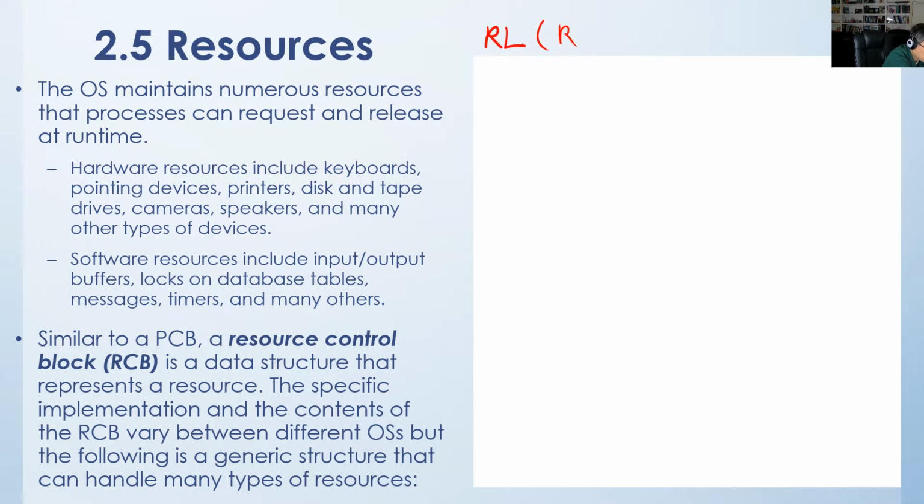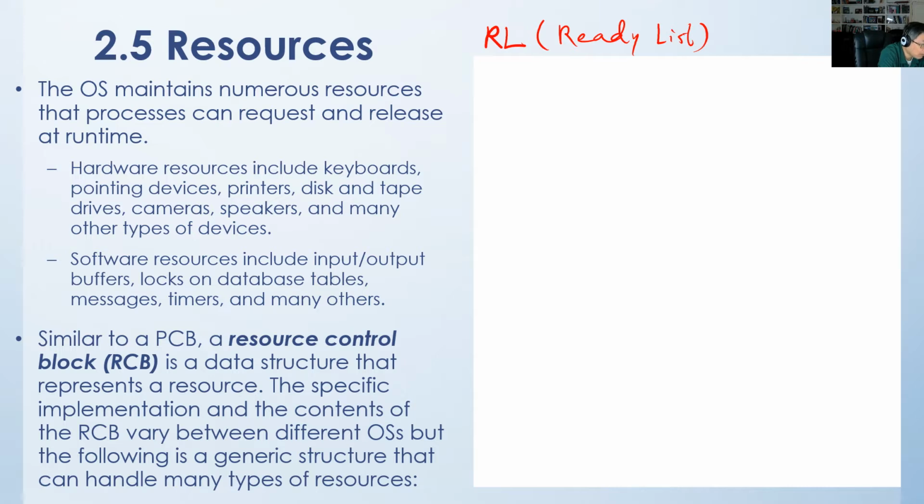All the processes that are ready to run are placed on the ready list, based on priority. And then we have a whole bunch of waiting lists. For each resource, there's a waiting list. Now let's talk about this in much more detail.